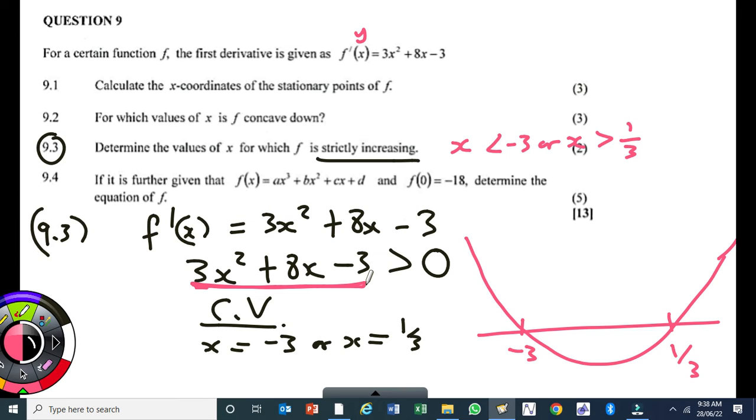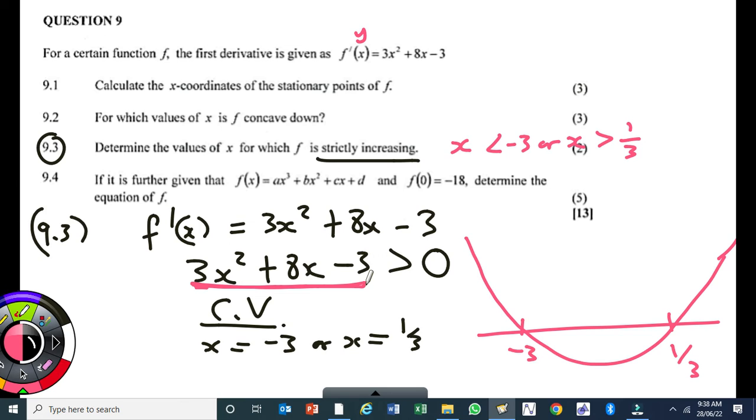So if you have got a greater than sign like this, you just have to look to the left-hand side and the right-hand side of the x-intercept, and then you get your answers. I don't understand why this is so complicated, because it's very easy. So your knowledge of quadratic inequalities as well.